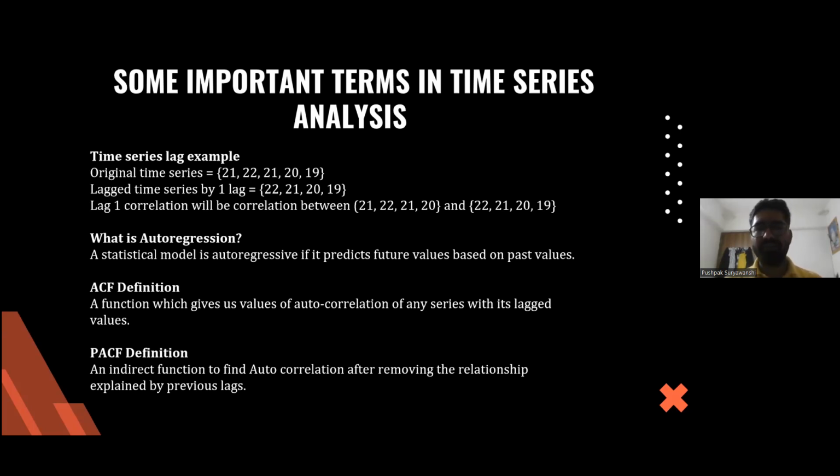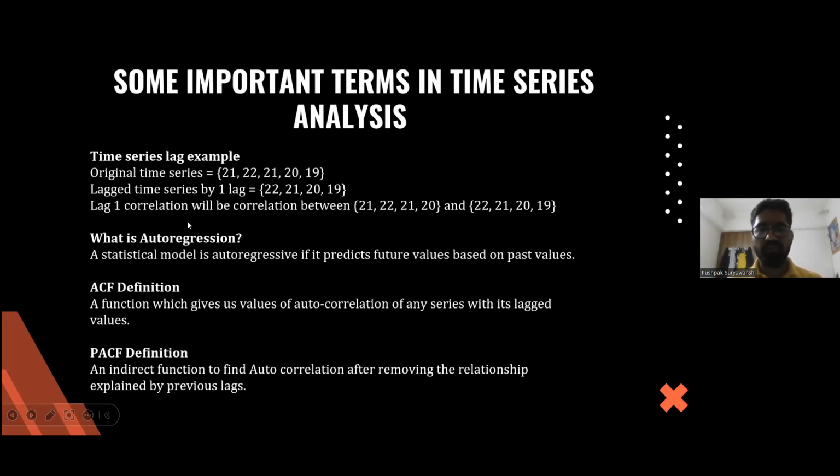So what are lagged values? Consider an example here. We have the original time series 21, 22, 21, 20, and 19. And this is the time series lagged by one. Why one lag? Because we have omitted the first value, 21, and the remaining we have considered as it is. So the lag one correlation will be the correlation between the original series and this one.